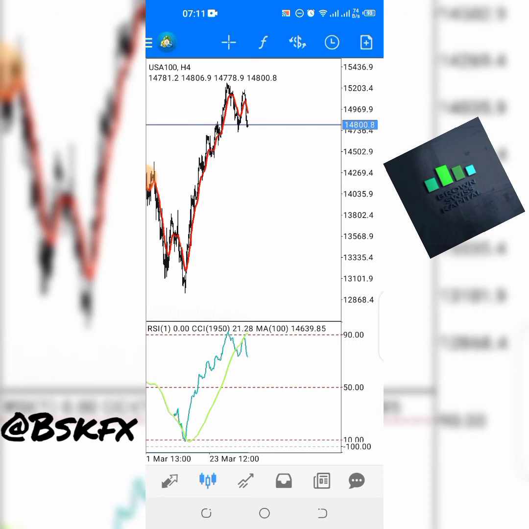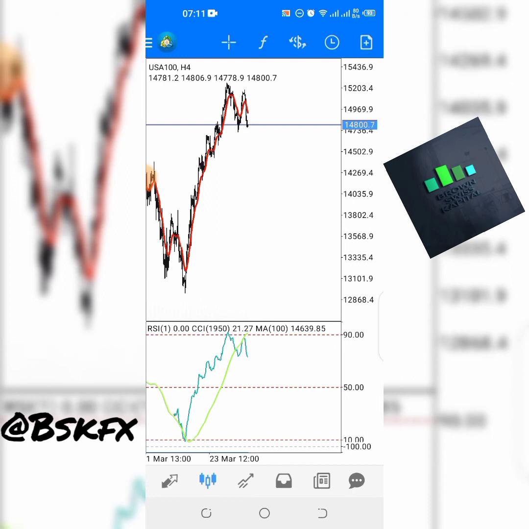So let's quickly go over the rules for this strategy. It's a strategy I've had for a long time, and I've been revising it, tweaking it a bit as time goes on.